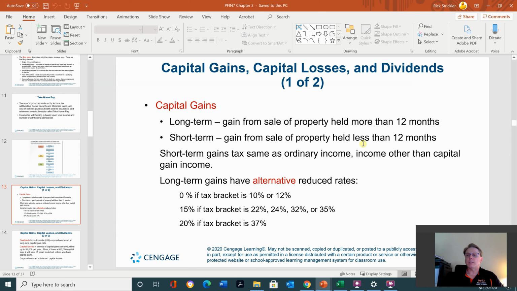Short term is held less than 12 months, and that's normally taxed at your normal tax rate. So if your normal tax rate is 37%, then you'll have to pay 37% taxes on your profits instead of the 20% gain. Long-term gains have alternative reduced tax rates, which is what I just explained.